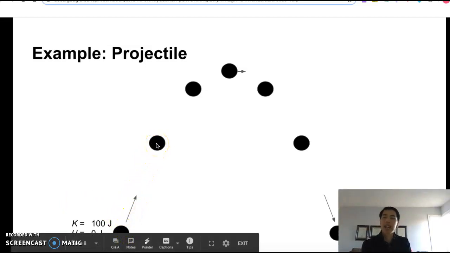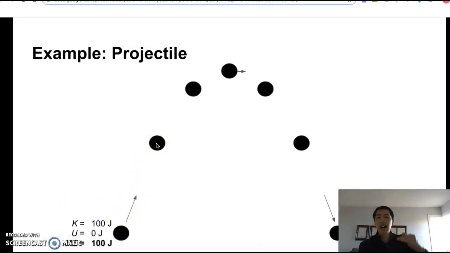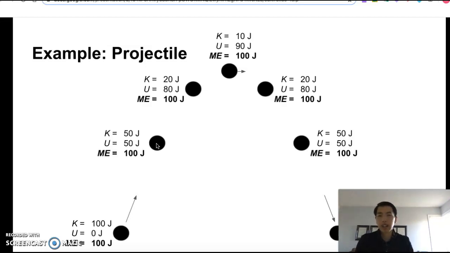So what happens to the energies? Well, if it gets higher, that means it gets more gravitational energy. But it can't just magically get more energy. It must mean that some other kind of energy went down. And in this case, it would be the kinetic energy went down. So I filled out the values for all of them, actually.